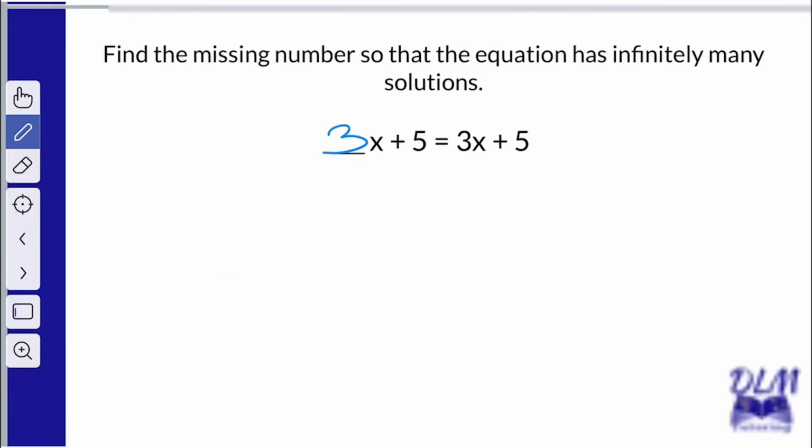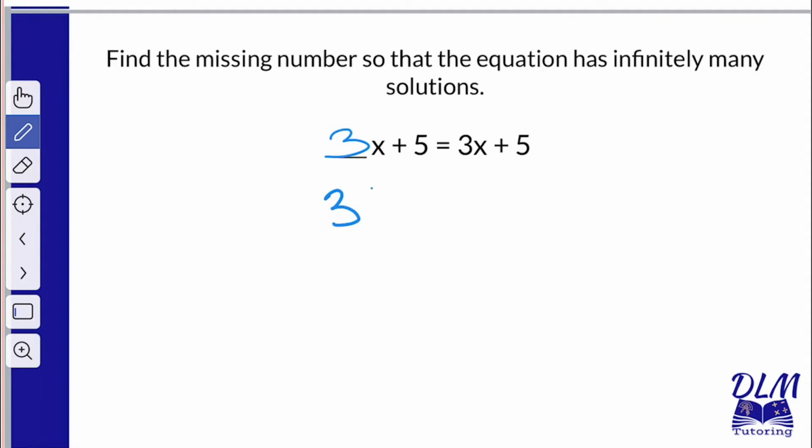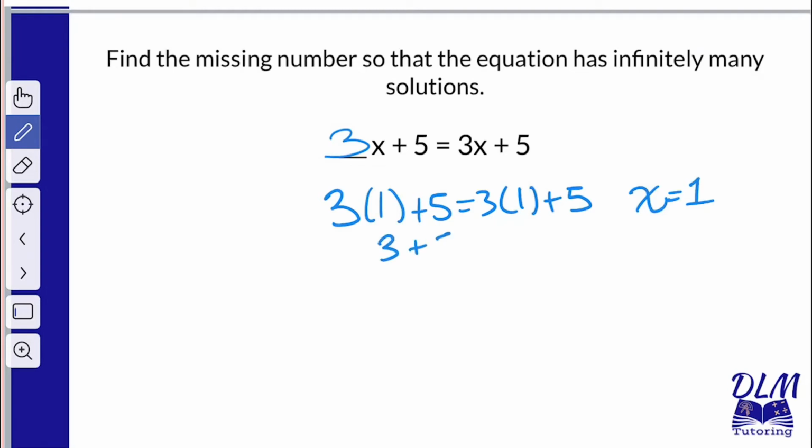For example, 3 times 1 plus 5 is equal to 3 times 1 plus 5, where x is equal to 1. So now I multiply 3 times 1 is 3 plus 5.